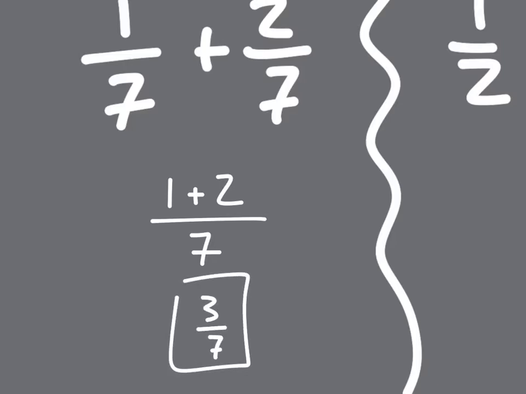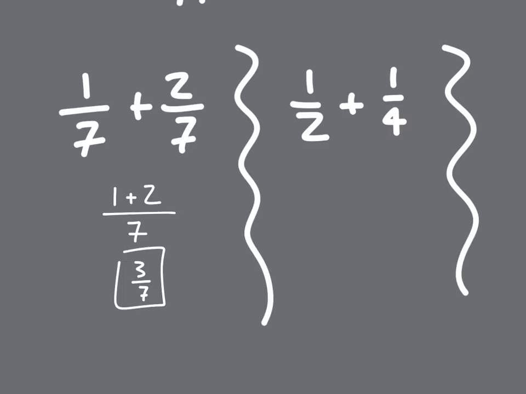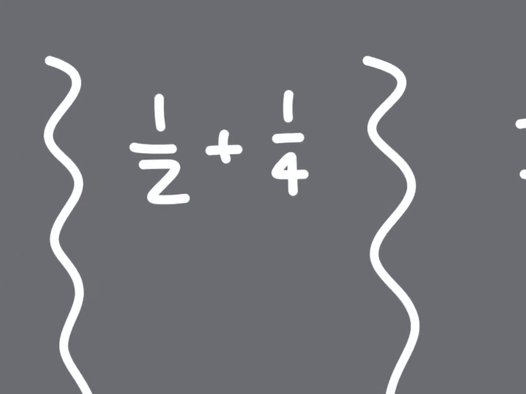And that's it. If I look at the second set of fractions, I've got 1/2 plus 1/4. On this, what I realize is that I don't have a common denominator. However, I can manipulate this fraction to get a common denominator. So my common denominator in an example like this is going to be 4. The way I think about that is, what can I multiply 2 by to get 4?